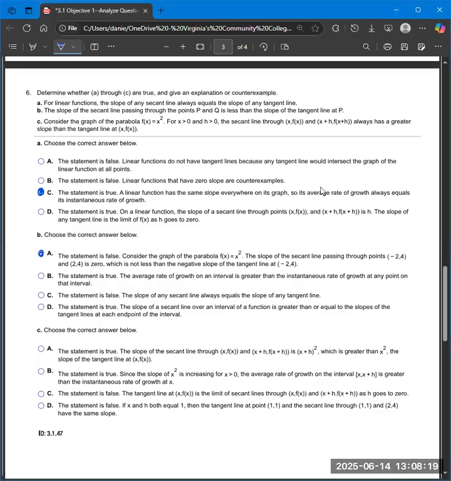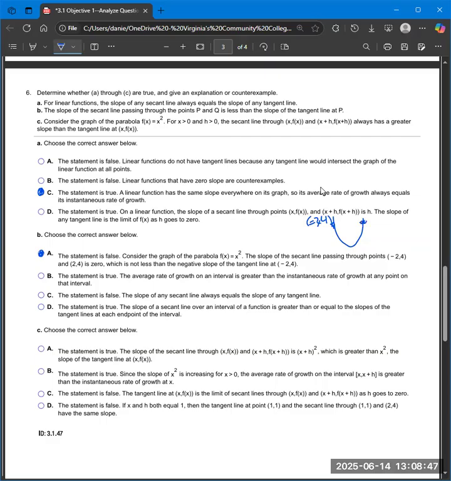So here's a counterexample. f of x is equal to x squared. The slope of the secant line passing through the points (-2, 4), which is on f, and (2, 4), which is also on f, is 0, which is not less than the slope of the tangent line at (-2, 4).